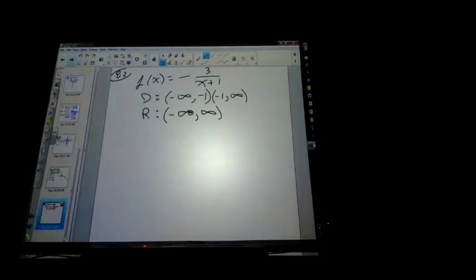So is there a number value that is restricting our domain and our range right now? -1. So -1 has to restrict our domain of the inverse even if it doesn't look like it. We are restricted by -1 right now of our domain. So our domain of our inverse has to have -1 as a restriction at the least. It can have more, but it also has to have -1.